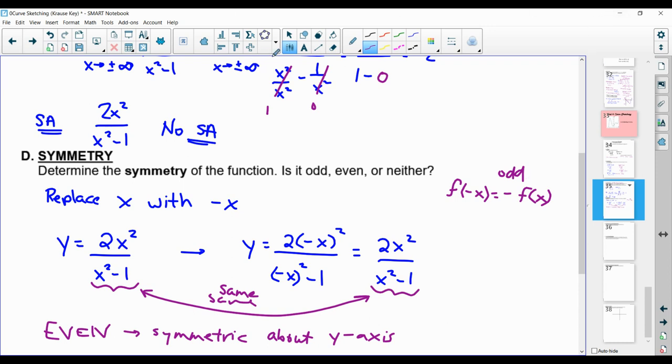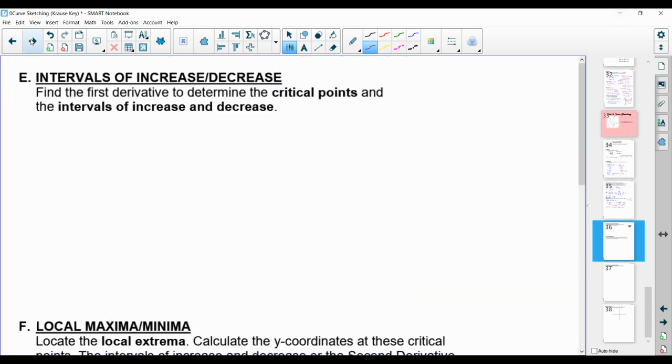All right, so let's take a look at intervals of increase and decrease. When we're looking at where the intervals are increasing or decreasing, we want to look at the first derivative, figure out our critical points, and then set up our chart. So we've got y equals 2x squared all over x squared minus 1. Now for our first derivative, we can use the quotient rule.